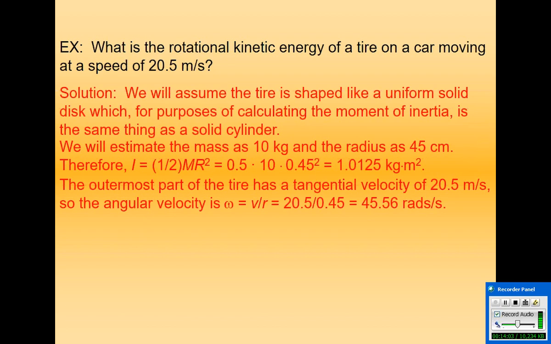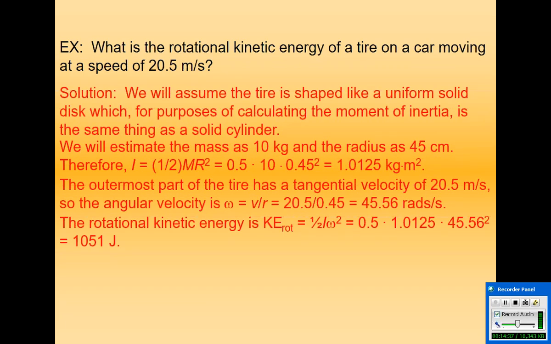So right out at the full radius of the tire, a point is moving at 20.5 meters per second, so we can find the angular velocity, 20.5 for V, 0.45 for R. The angular velocity is 45.56 radians per second. Radians. Yes, don't forget those units. Radians are the standard unit of angle.